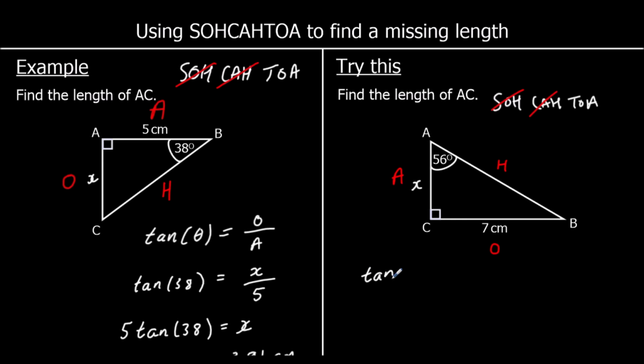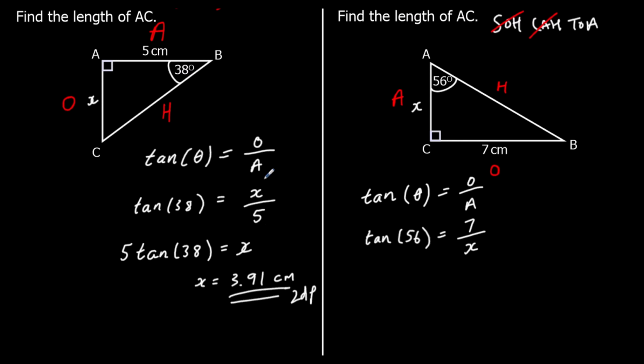So tan with the angle, so tan theta is O over A, and the angle is 56, so it's tan 56 equals 7 over X, O over A. We want X by itself, so let's first multiply both sides by X, so we'll get X times tan 56 is equal to 7, and then to get X by itself, divide both sides by tan 56, so X will be 7 divided by tan 56.